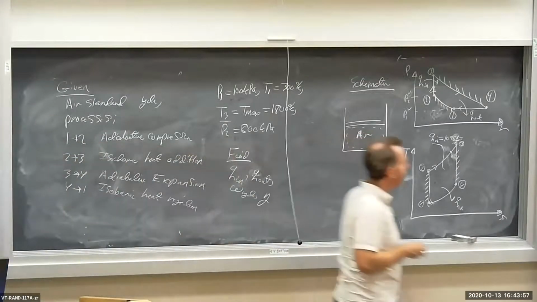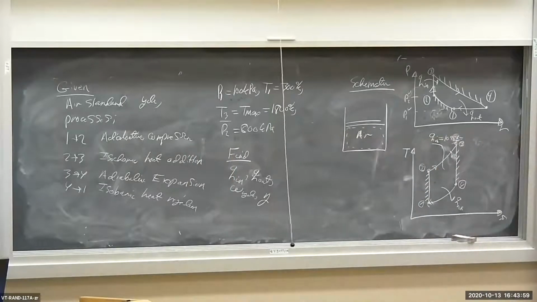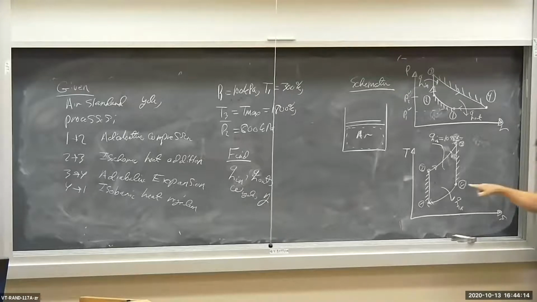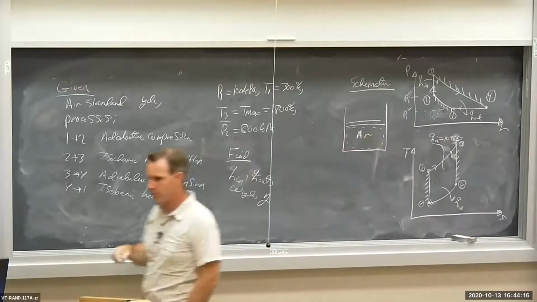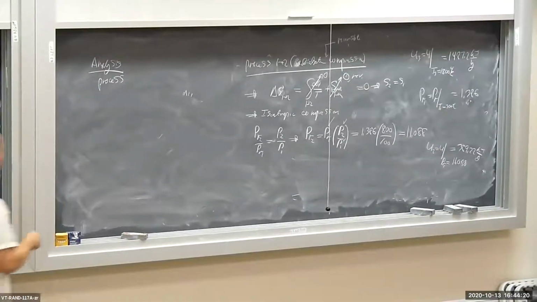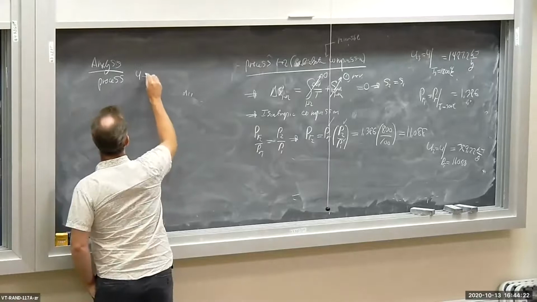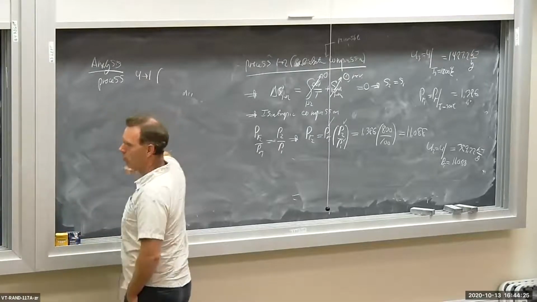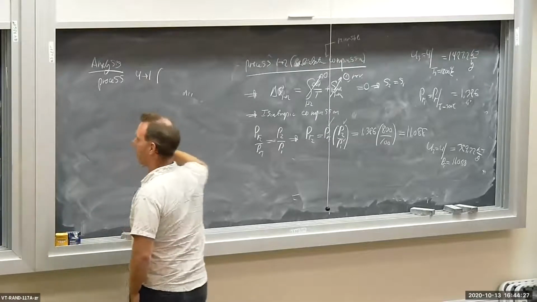Now let's calculate the heat rejection, Q out. The heat rejection occurs from 4 to 1, and 4 to 1 is isobaric.